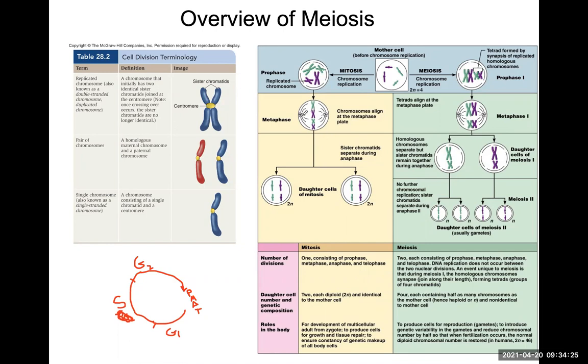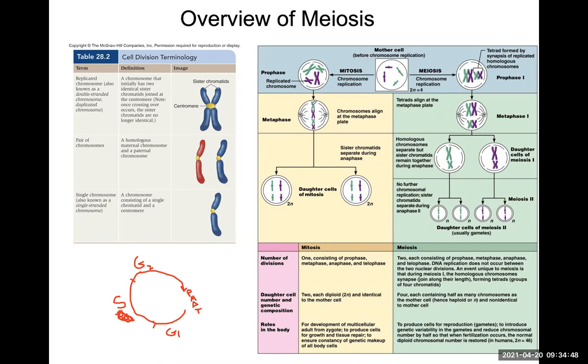You also get spindle formation. So you get spindles that come from the centromeres that reach out. They're kind of like fishing line, reaching out and attaching to the centromere of the chromosomes in order to pull those chromosomes apart, right? Because if you think about it, this chromosome has 4 arms.